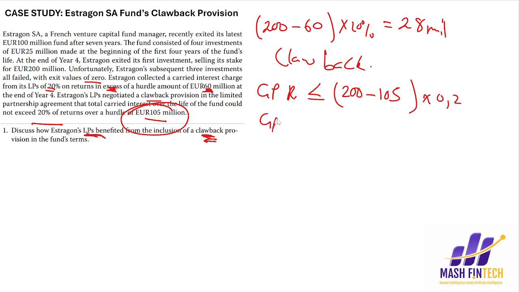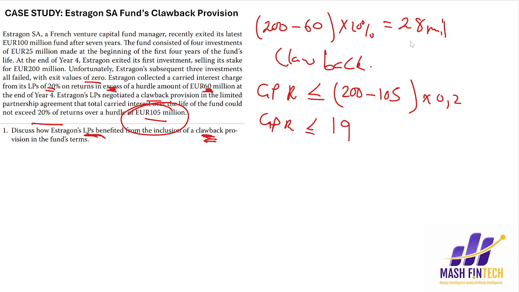So the GP return must be less than or equal to, if you calculate this, 19.